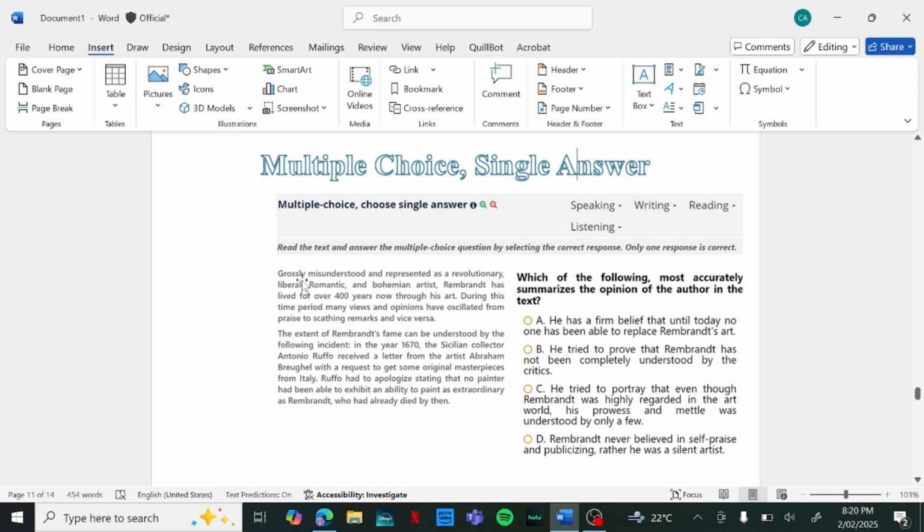See here, it says that during this time period, many views and opinions have oscillated. Oscillated stands for fluctuating, like going from this to this. So oscillated from praise to scathing remarks and vice versa. So that is criticism. This first paragraph talks about criticism.